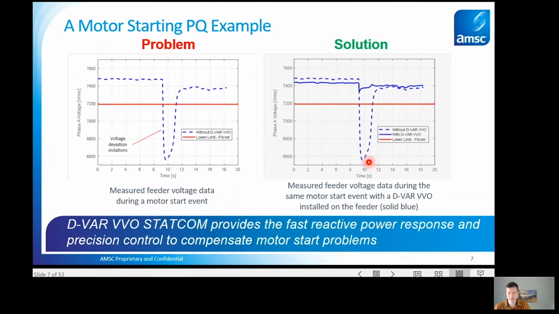So on the right is the application of a D-VAR VVO StatCom to this particular motor. And the solid blue line now shows the response, the voltage response on that same utility feeder with the StatCom active and compensating that same event. So different day, same event.